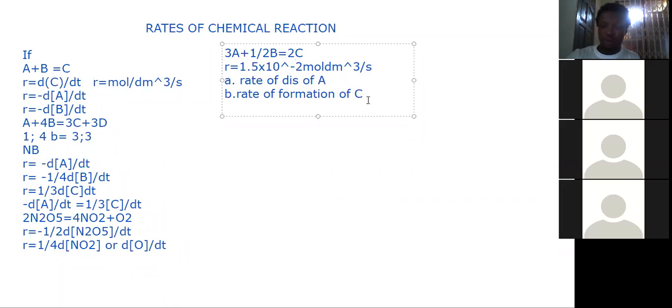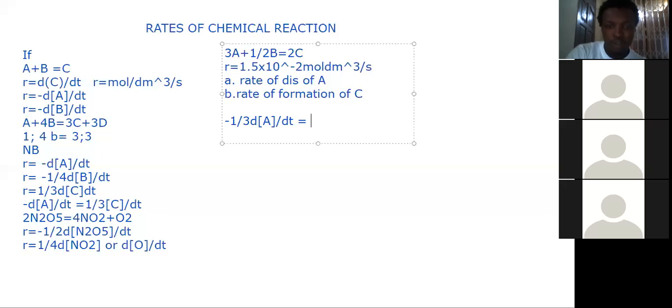Using your mole ratio. So we know that the rate of R will be equal to the rate of A. The rate of A is equal to minus 1 all over 3 dA all over dt, equating it to that of B. That will also give you minus 1 all over half.